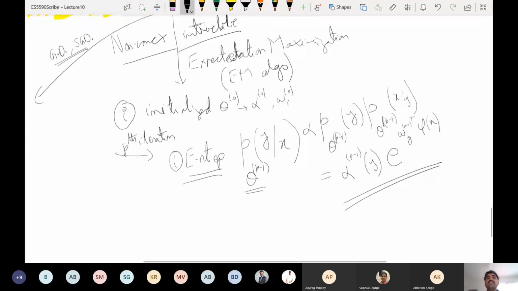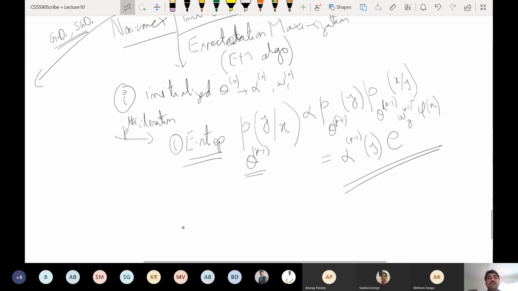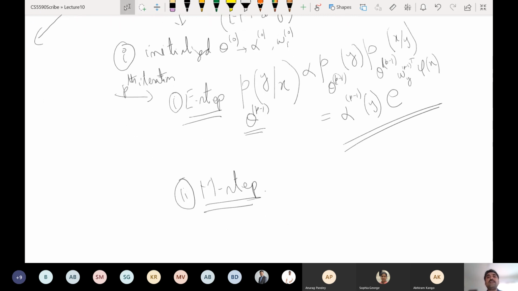So what do you do in each step? With the current values of parameters, you infer the likelihood of each cluster ID given the example. Fine. And then what do you do? This is called the E step. And then you do what is called the M step. In the M step, what you do is you simply apply the following updates.